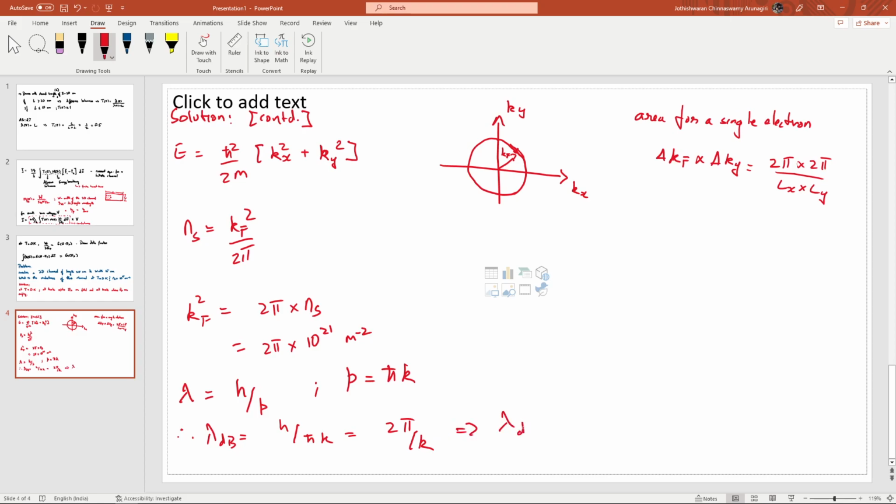In this case kf is the square root of this quantity. Because h bar is h by 2 pi, the 2 pi goes up. So this is 2 pi divided by the square root of 2 pi into 10 to the power 21, and the unit will be meters. Upon cancelling, this will be 2 pi divided by 10 to the power 21 meters. Let me quickly calculate it.